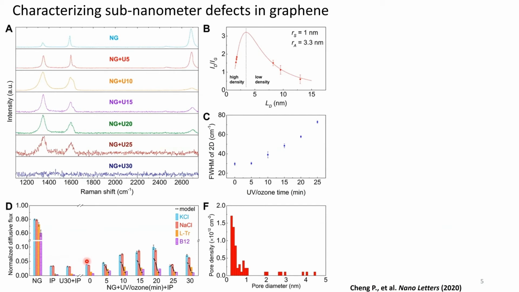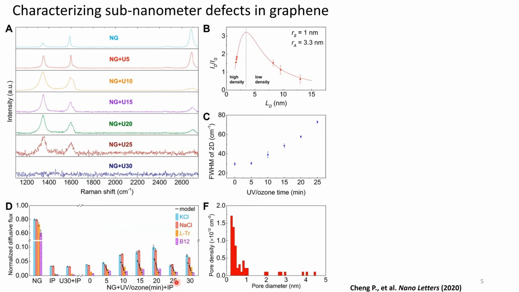But then when you take graphene after interfacial polymerization, you consistently see that with increasing UV ozone etch time, there is an increase in KCl flux, but you're not typically seeing an increase in L-tryptophan or B12 flux.